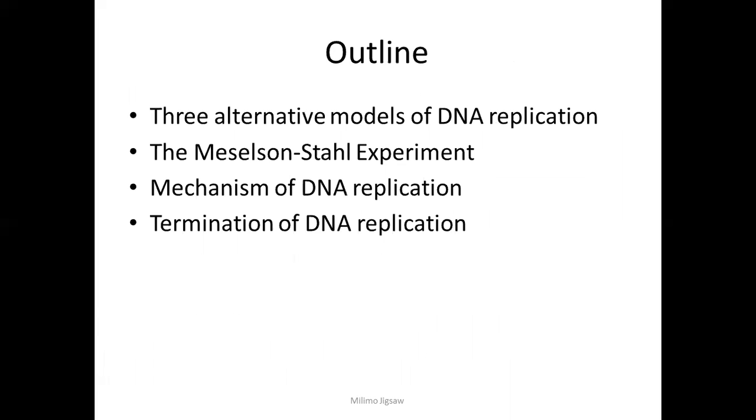And then we are going to talk about the Meselson-Stahl experiment. Remember, the Meselson-Stahl experiment needed to prove which model of DNA replication is correct. And then we're going to look at the mechanism of DNA replication and also how replication terminates. So this is just a sketch outline of what we are going to look at.